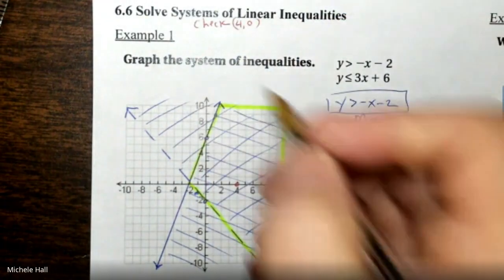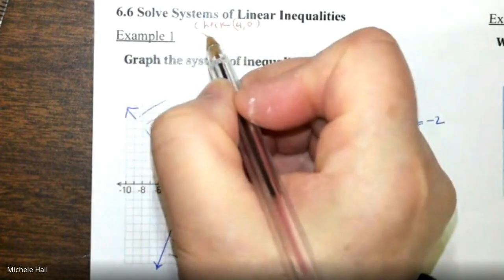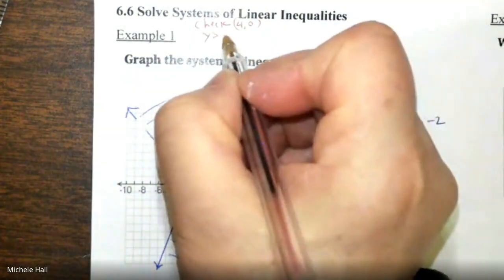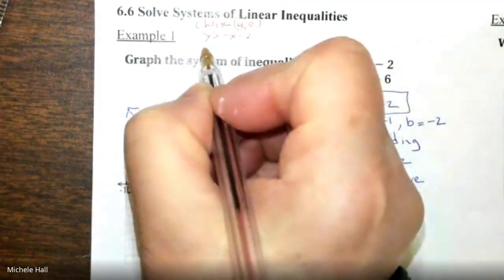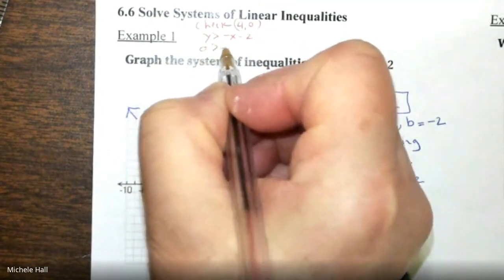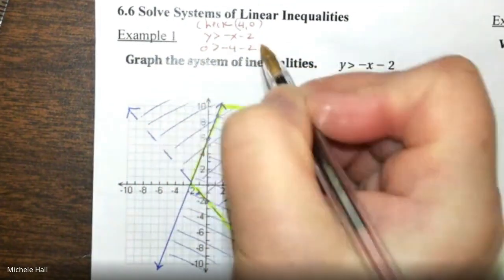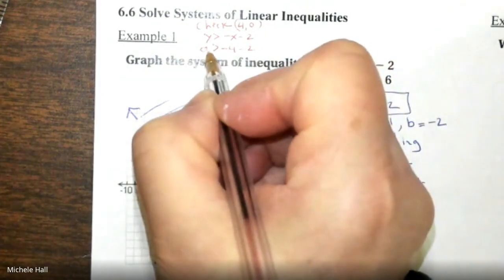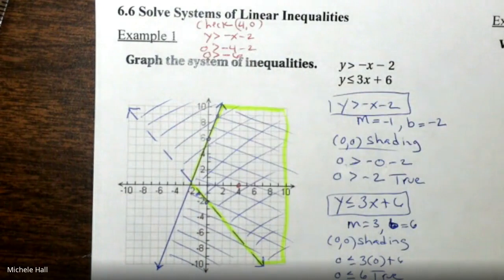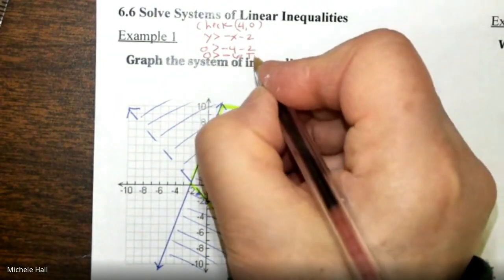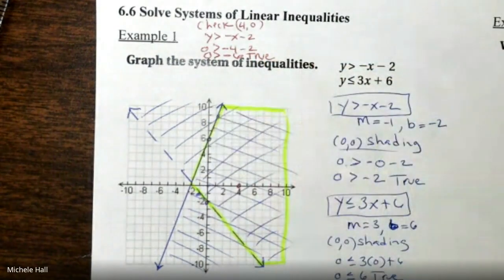In the first equation, we have y is greater than -x, -2. So when I substitute in that point, I get 0 is greater than -4 minus 2. I get a statement that says 0 is greater than -6. That's a true statement. It works for the first equation.